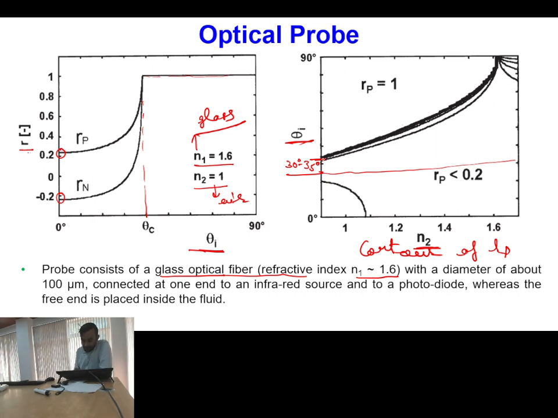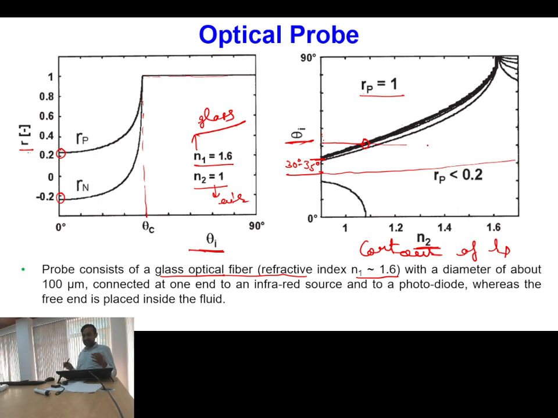But if you go above this, then as you increase the refractive index up to some value, you will find the value of Rp to be 1, and after that the value of Rp will decrease drastically to 0.2.